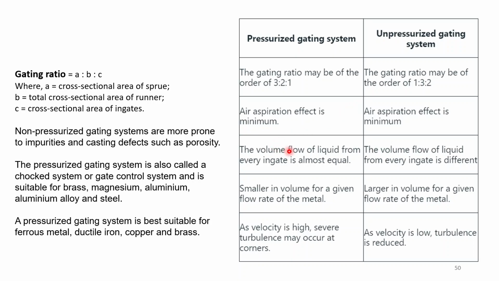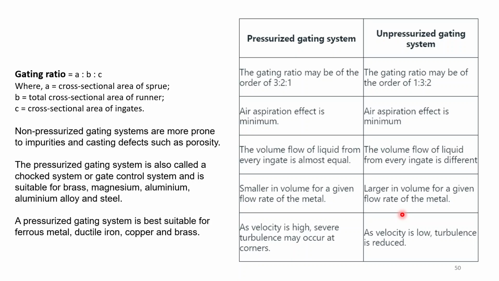In case of pressurized gating system, the volume flow of liquid from every ingate is almost equal, while in case of unpressurized it will be different at the different ingates due to gravity and other factors. In pressurized gating system, you have smaller volume for a given flow rate of the metal, while in unpressurized you have larger volume for a given flow rate.